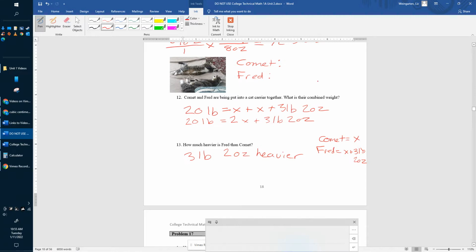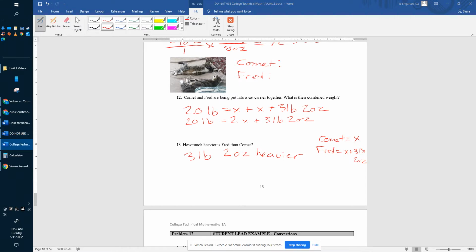It is going to be 16 pounds and 14 ounces.